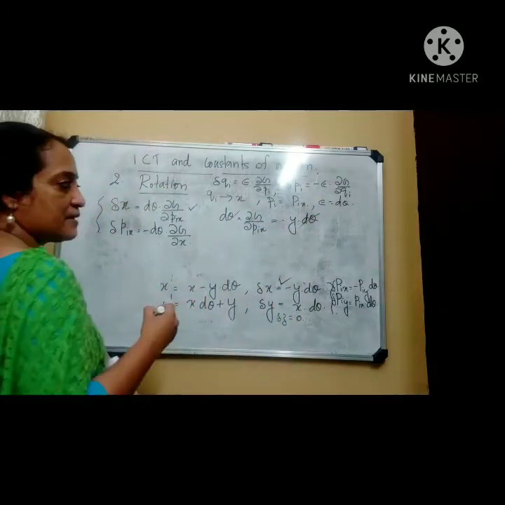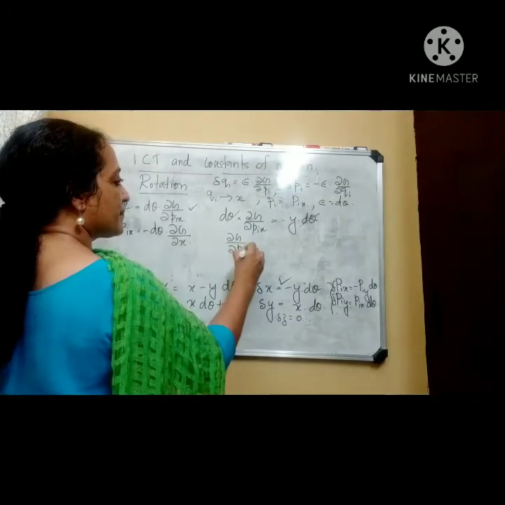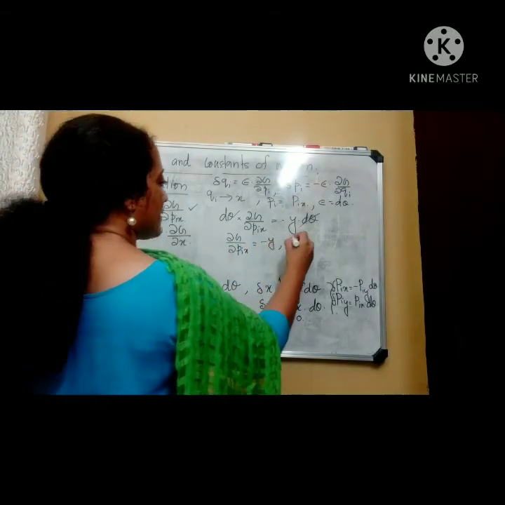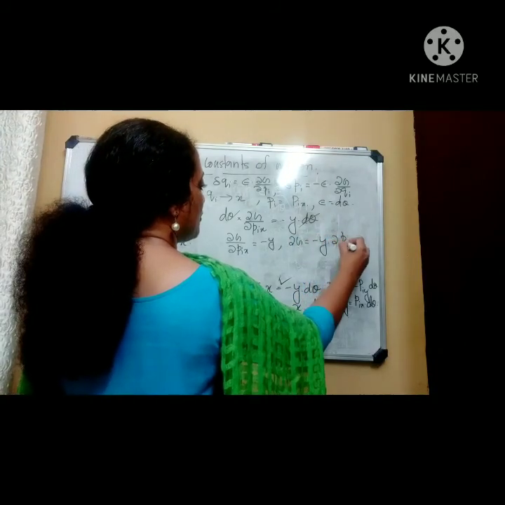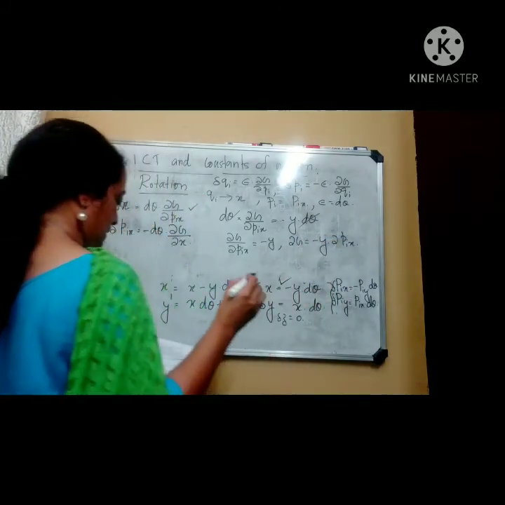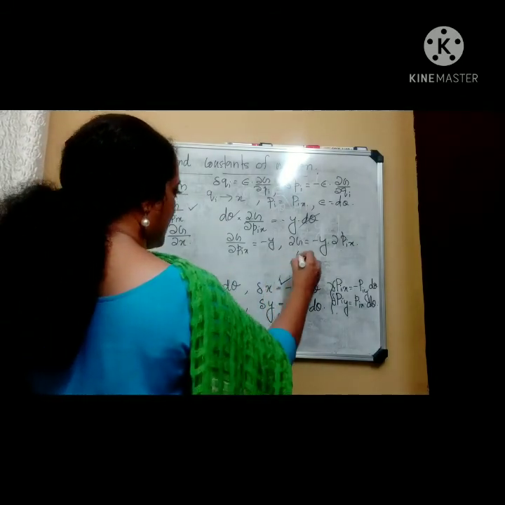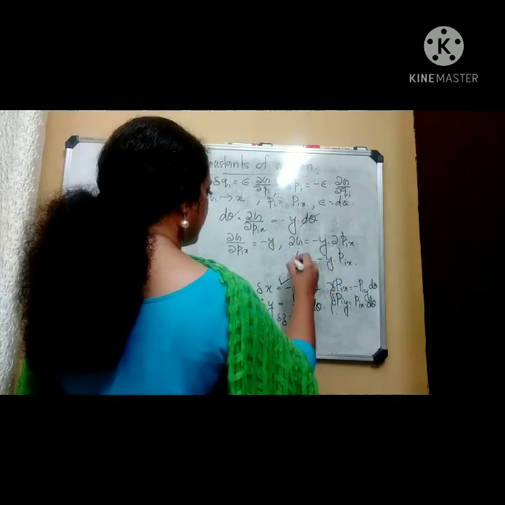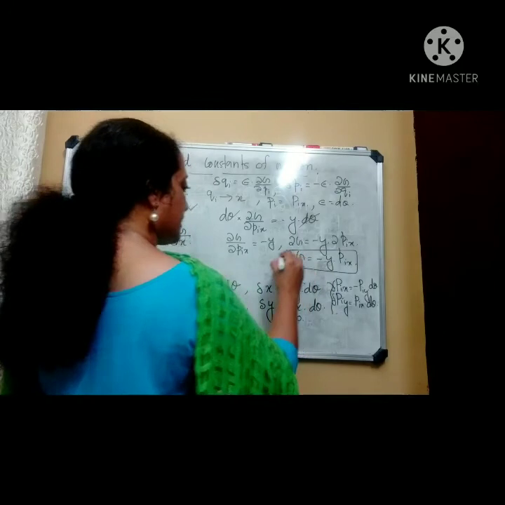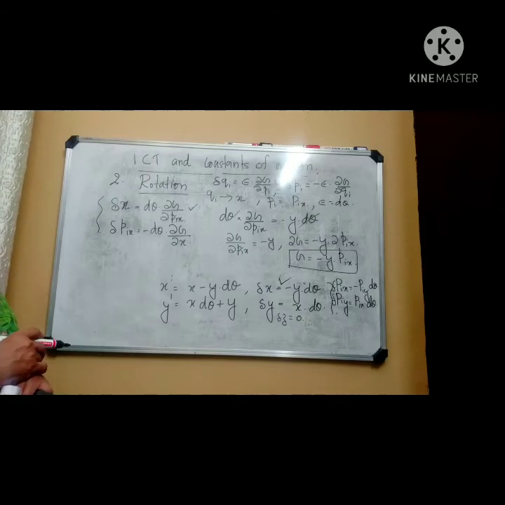So d theta and d theta get cancelled. So dou g by dou pix is equal to minus y, or dou G is equal to minus y into dou Pix. And from this, G can be written as minus y into Pix. So the generating function G is equal to minus y into Pix.